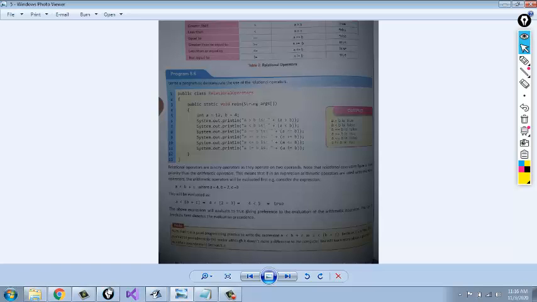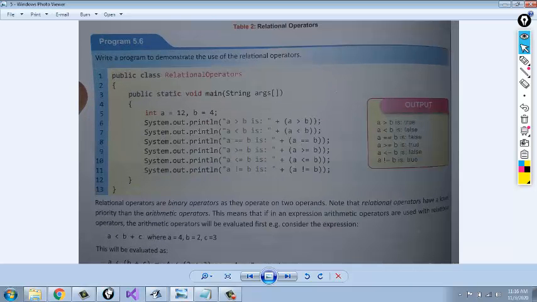Some examples are given here, with the same values: A equal to 12 and B equal to 4. Here those 6 operations are given: A greater than B, A less than B, A equal to B, A greater than or equal to B, A less than or equal to B, A not equal to B. Here you can see the output also.